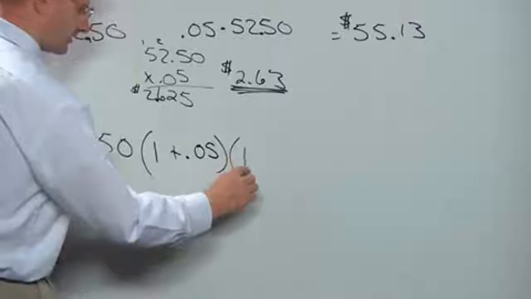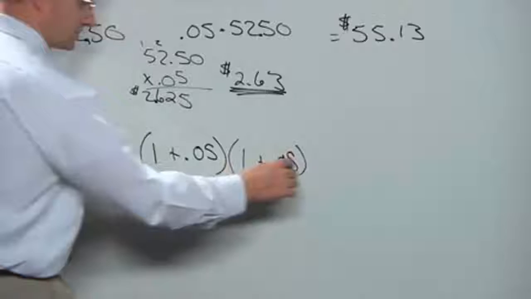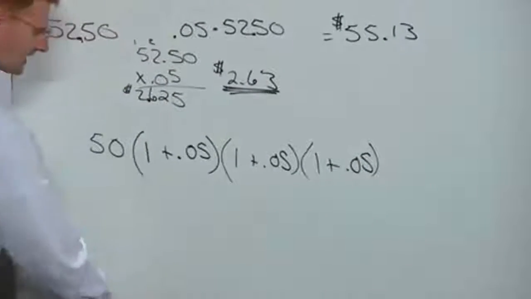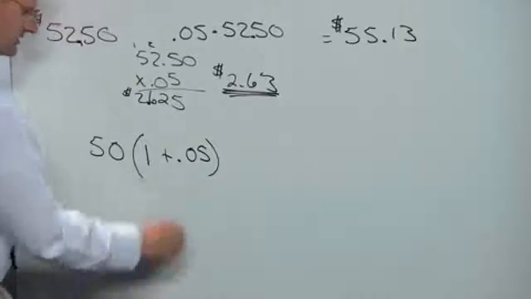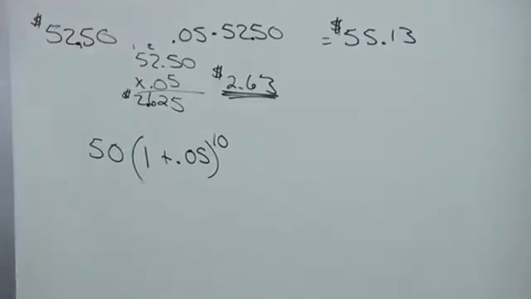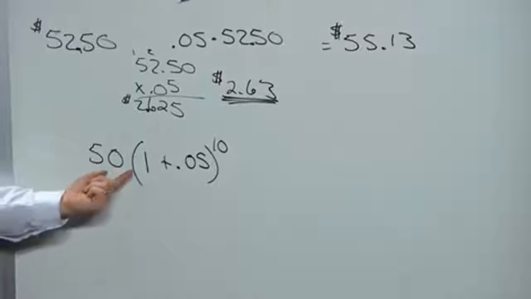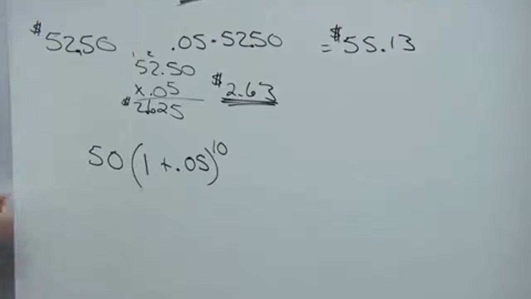The next year, you're going to take itself plus 5%, and the next year, itself plus 5%. And so the shorthand for this, if you're going to put it in for 10 years, is: I've got 50, I'm going to take 1.05 to the 10th power. And it's going to allow you to do all that multiplication shorthand.